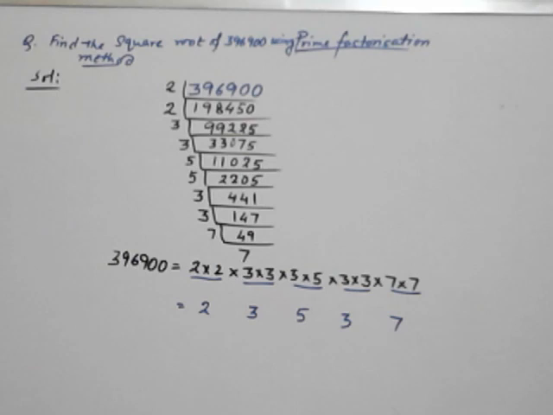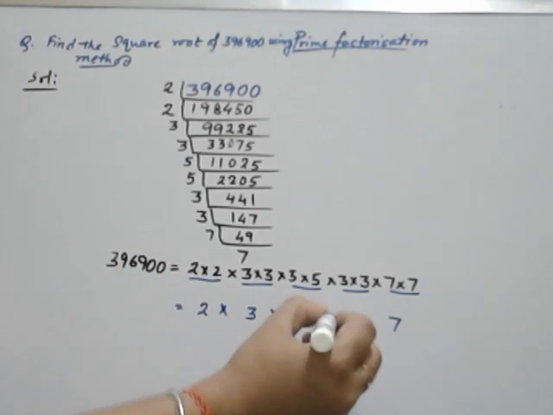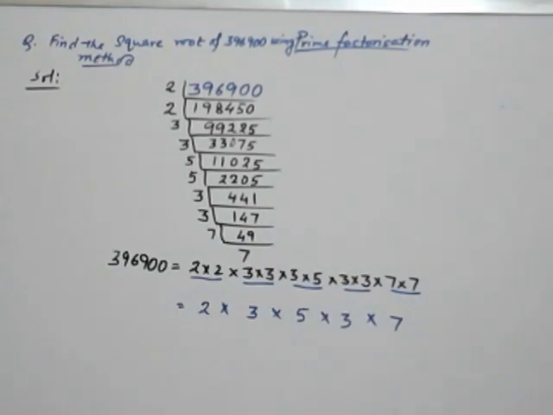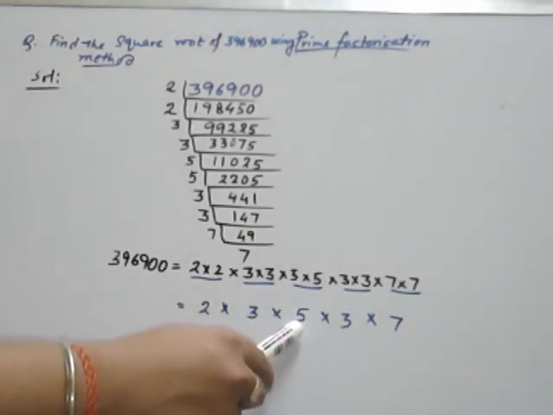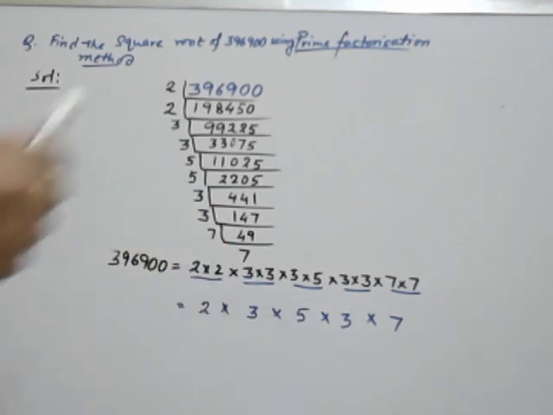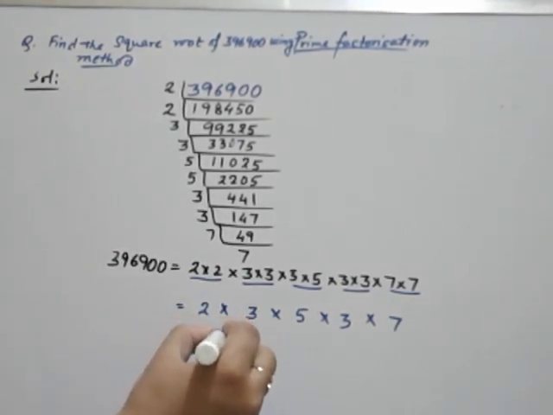Now next step, multiply these. What is the result? 2 into 3 is 6, 6 into 5 is 30, 30 into 3 is 90, 90 into 7 is 630.